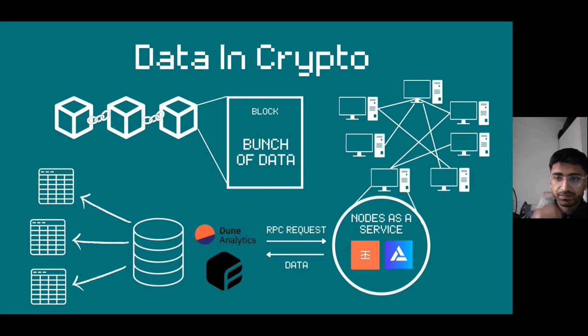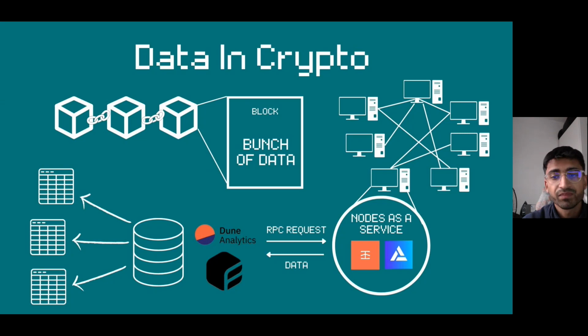We mentioned last session how this whole data infrastructure in crypto generally works. You have a blockchain, and we covered what a blockchain is before. In each block, you have a bunch of data. Essentially, a blockchain is a type of database, and one of the ways it's unique is it's decentralized, so it has a lot of different entities storing the same content of the database.